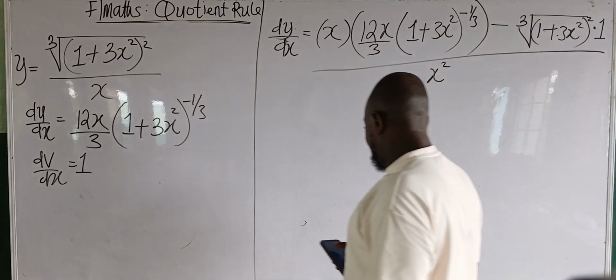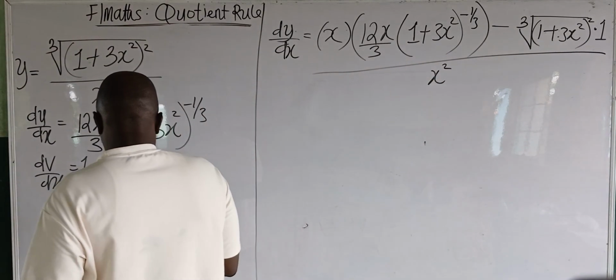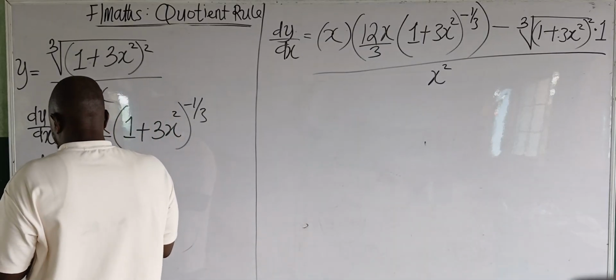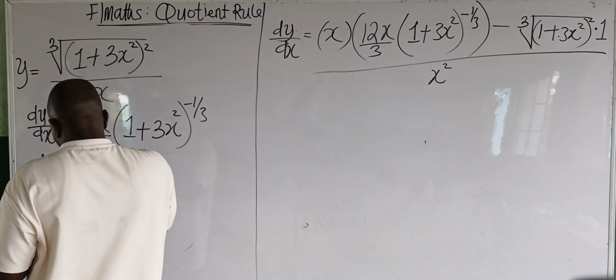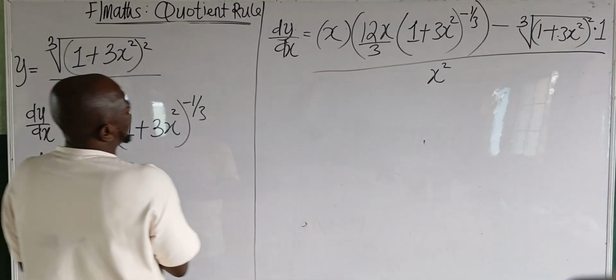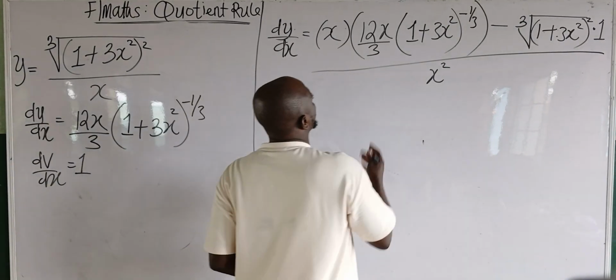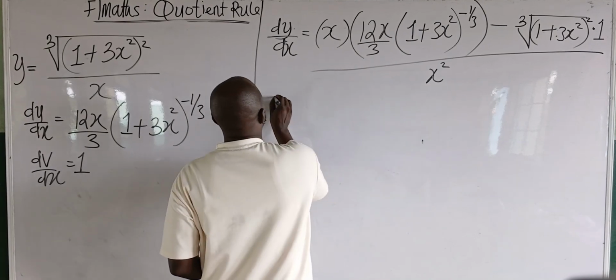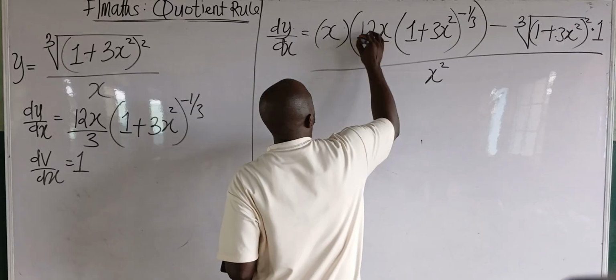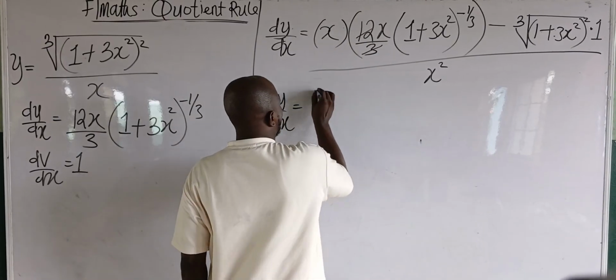Now, next up here, what do we know going forward here? We know from this point that to make this one 1, let's just reduce this value that I've been talking of. If you reduce this value here, I'm going to have it as x here.